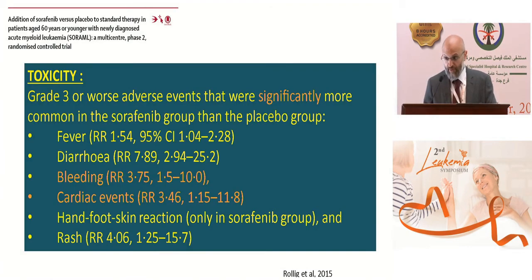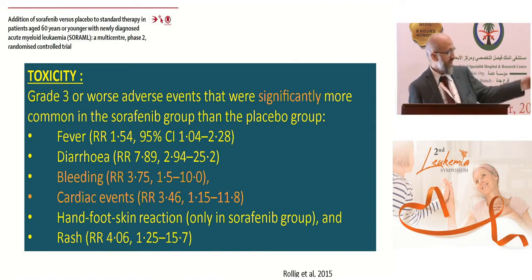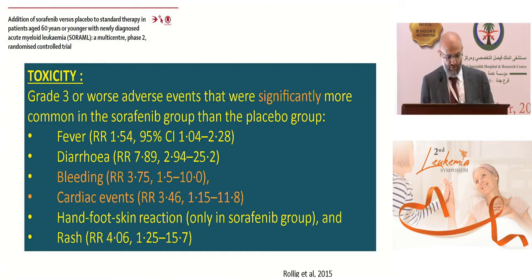Now, the other thing about sorafenib is the off-target effects and the side effects. So, the relative risk of fever, 1.5 times more. Look at the amount of diarrhea they get, 7 times compared to the placebo. Bleeding, we lost a patient. A patient died of an intracranial hemorrhage who you wouldn't have thought would have died otherwise, a young female.